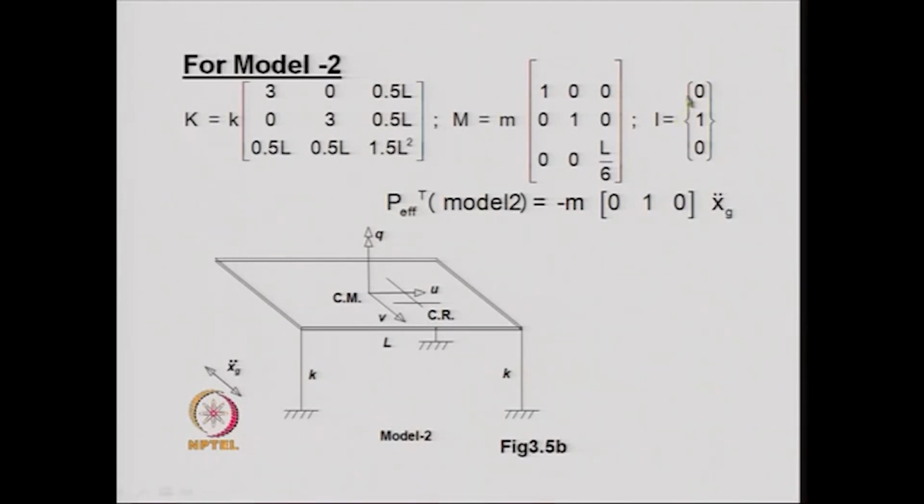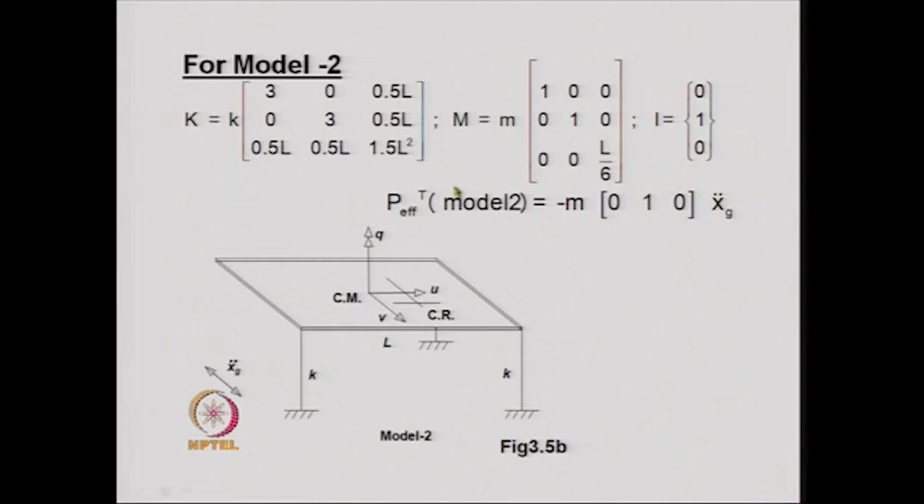The I influence coefficient vector becomes 0, 1, 0, because we have declared this as the first degree of freedom, this as the second degree of freedom, this as the third degree of freedom. So, corresponding to the second degree of freedom, we have got x double dot g. So, we have 0, 1, 0 as the influence coefficient vector, and P effective becomes this, that means this multiplied by this results in this particular expression for the P effective.